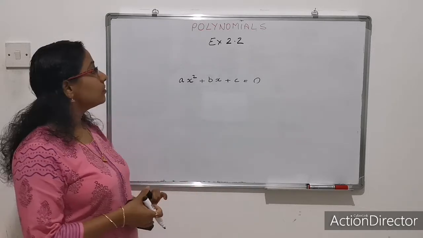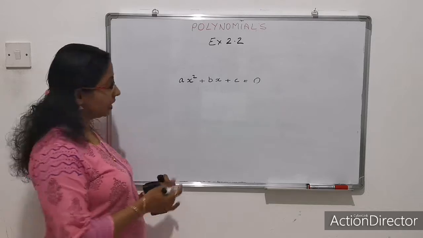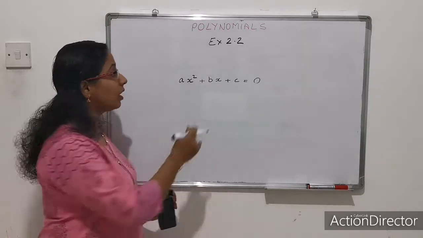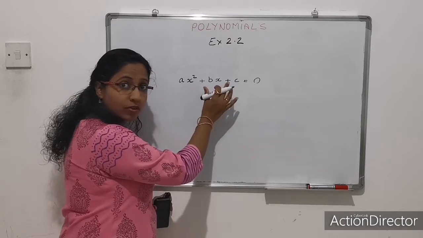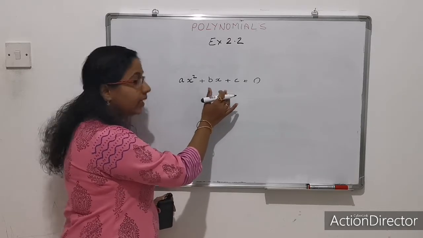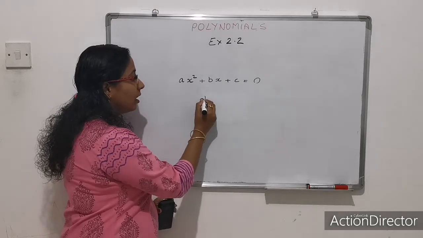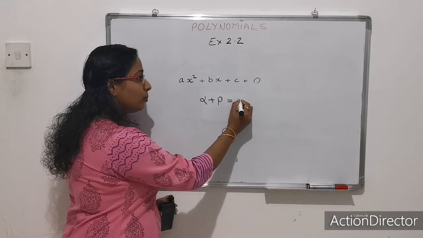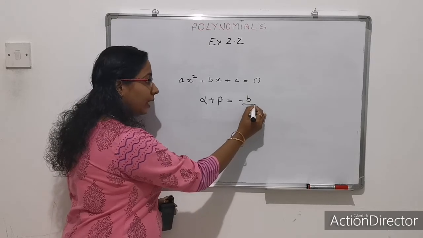Then there is a formula which says, if alpha and beta are the roots or zeros of this equation, then alpha plus beta is equals to minus b by a.